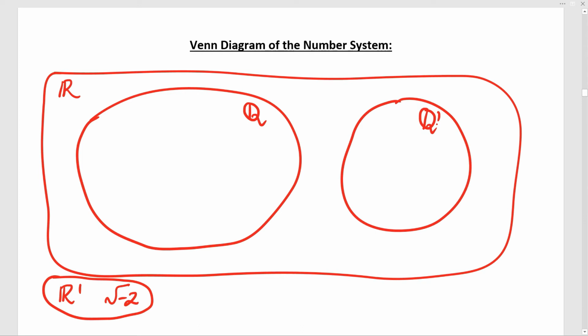Okay, and I'm going to fill in the ones that are rational first. Remember that rational is categorized as all those bullet points we were looking at earlier. And so rational is going to be your fractions, a over b, where a and b are both integers. It's also going to be your recurring decimals, and it's going to be your terminating decimals.